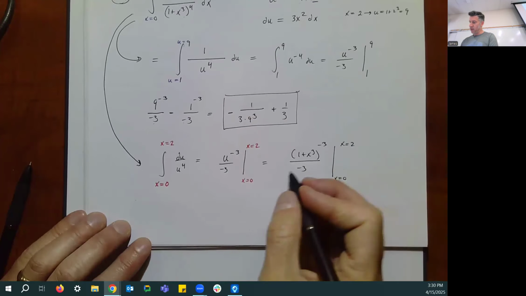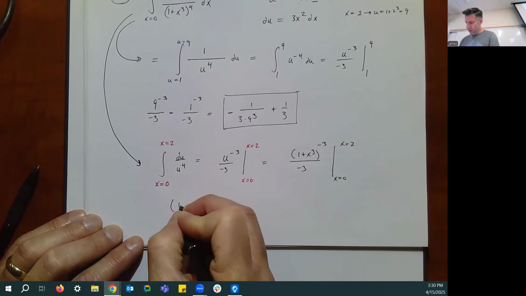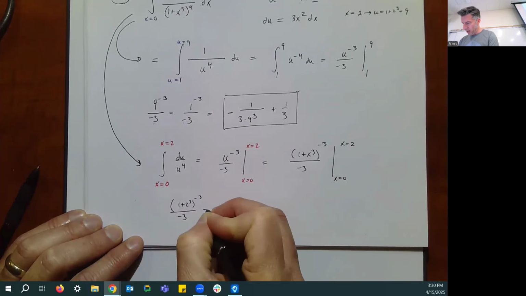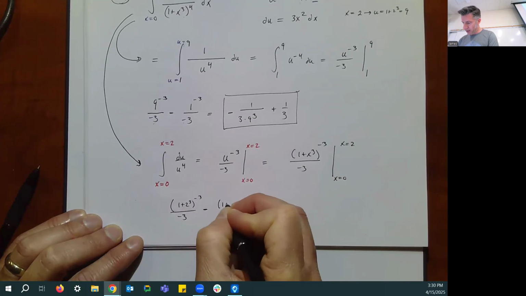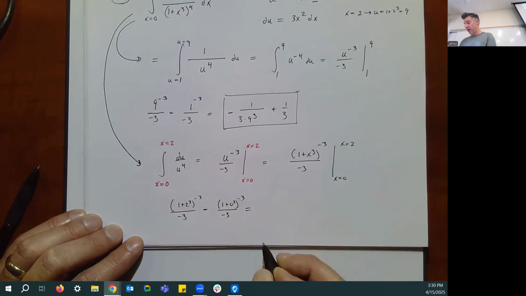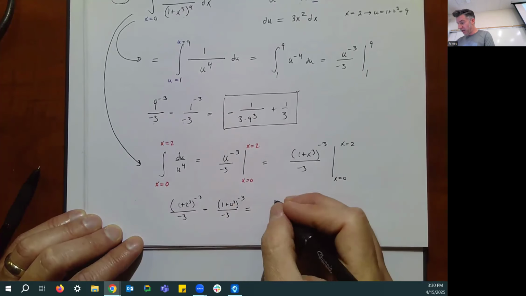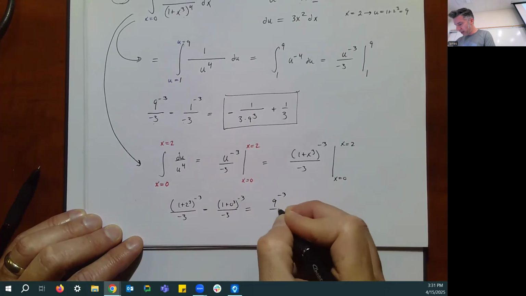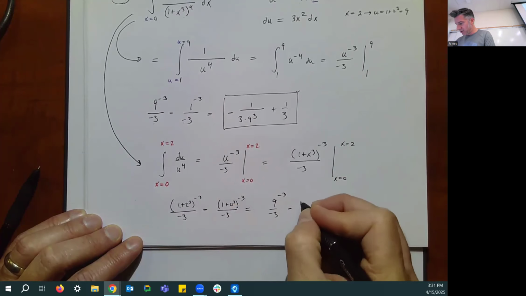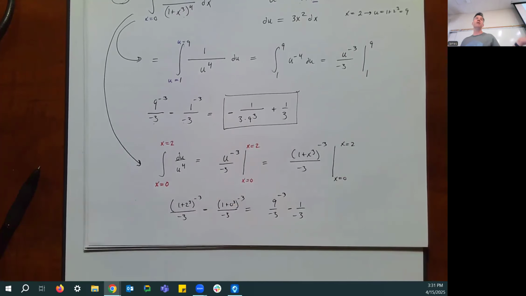And if we plug in 2, we get 1 plus 2 cubed to the negative third divided by negative 3 minus 1 plus 0 cubed to the negative third divided by negative 3, which ends up simplifying as 9 to the negative third over negative 3 minus 1 to any power is 1 over negative 3. The same answer, but we took more steps to get there.